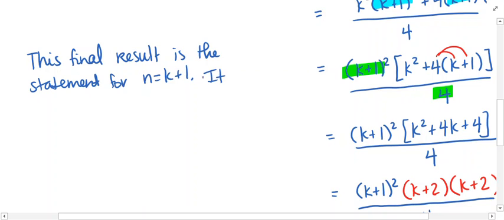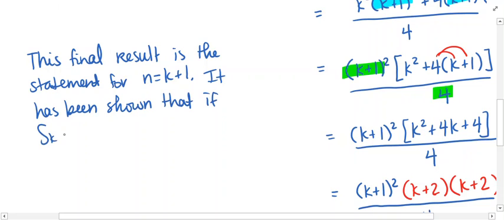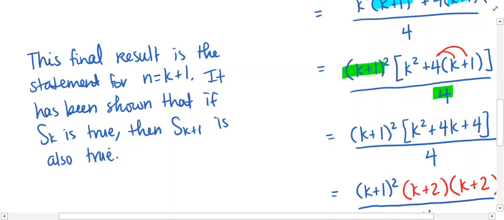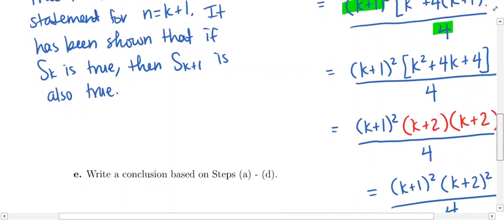It has been shown that if S of k is true, then S of k plus 1 is also true. Done with the induction step.